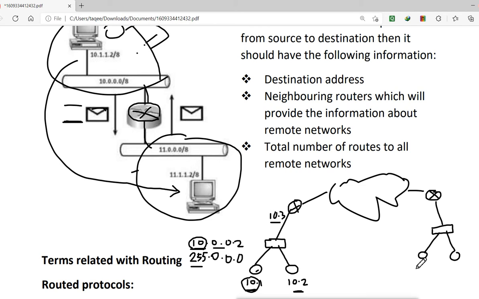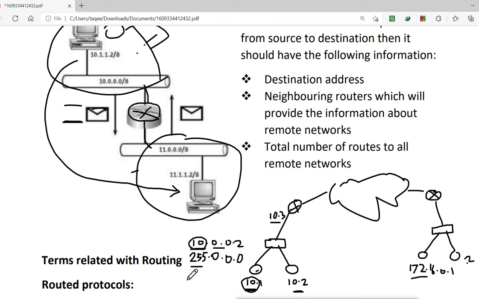Now in this site, suppose the IP address we have is 172.16.0.1, and this is 0.2. So if I try to ping this IP from this machine, or any other machine in the 10 network, then what happens?